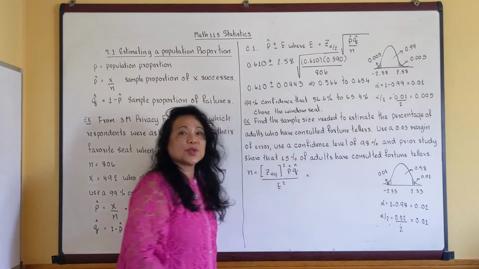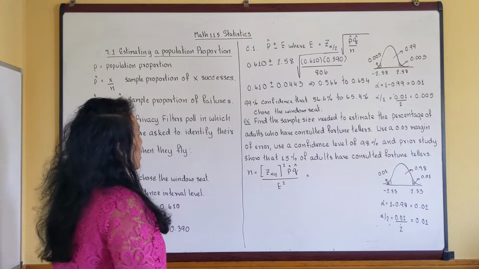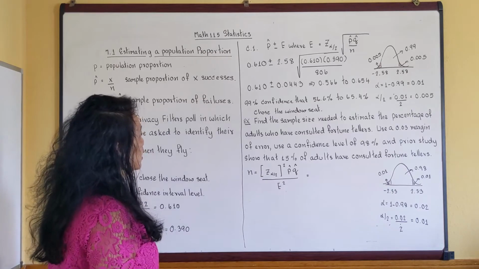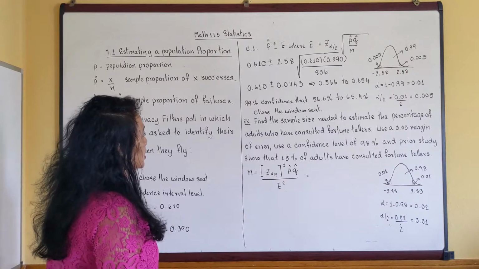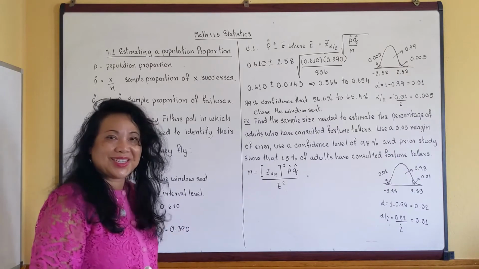Alright. So by taking a sample to estimate the population, we are 99% confident that 56.6% to 65.4% of people prefer a window seat.